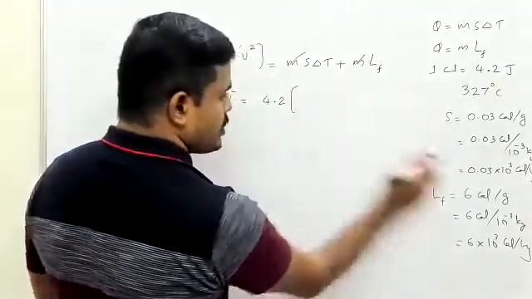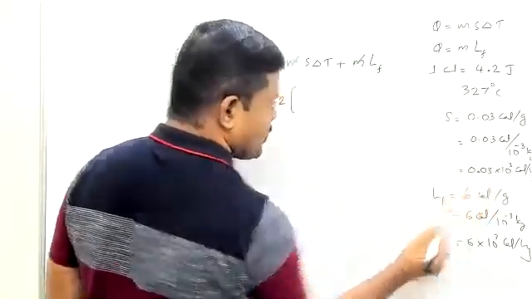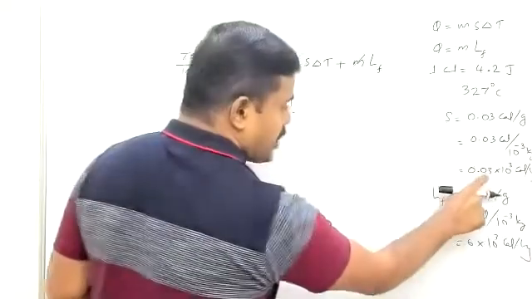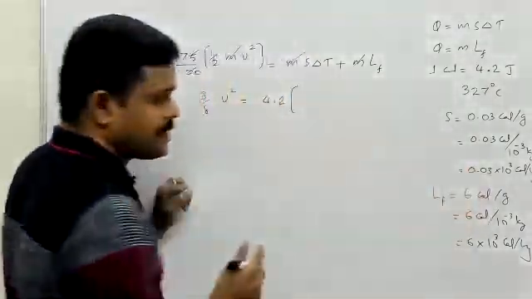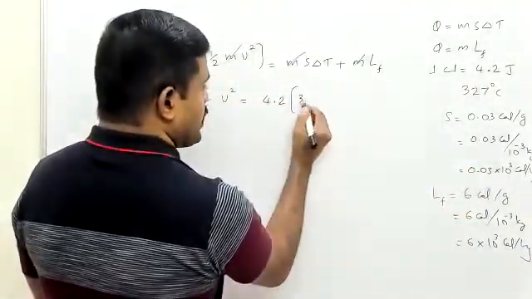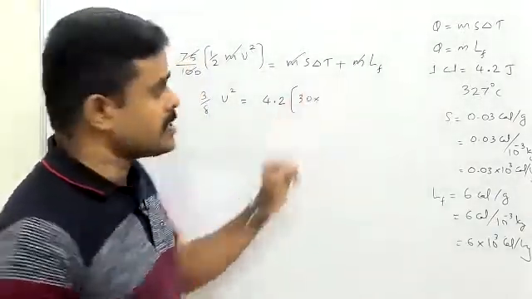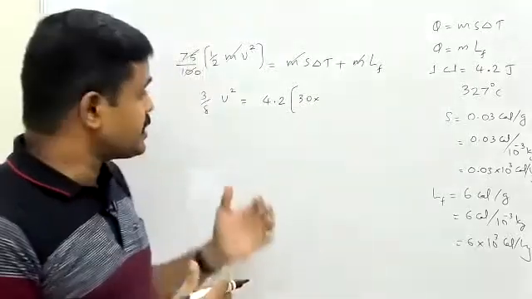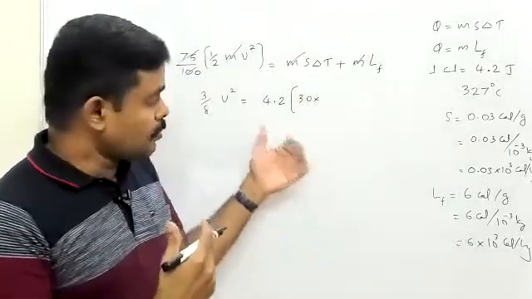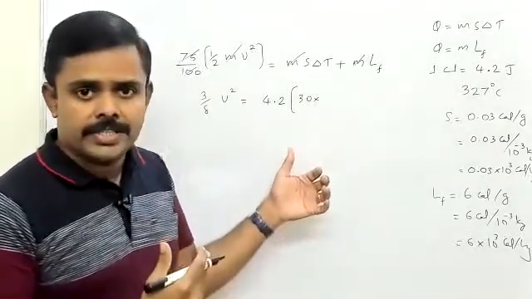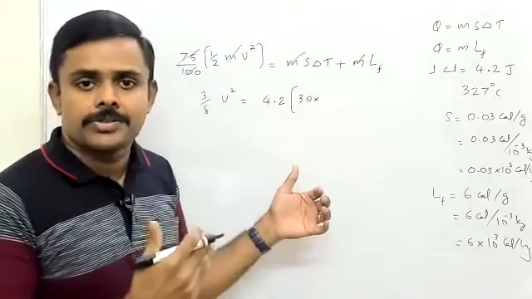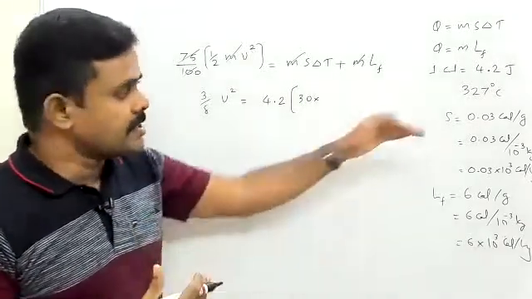It is 0.03 into 10 power 3. That is 30. 30 into temperature difference delta T. The temperature at which the bullet was at was 27 degrees Celsius. Now its temperature has been raised to 327 because it has started melting.